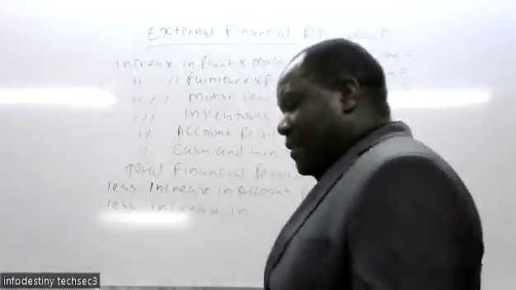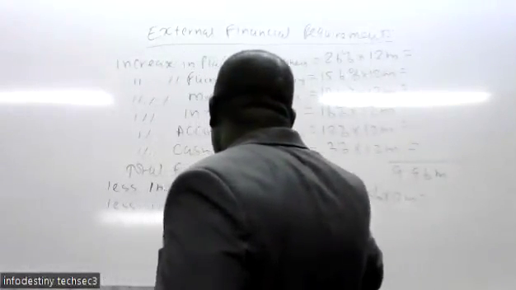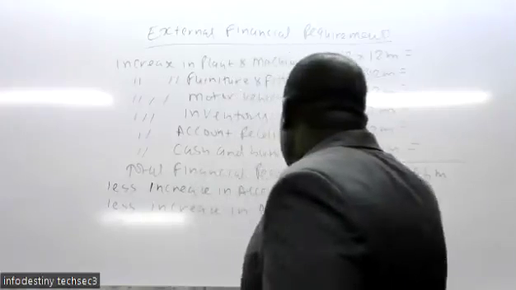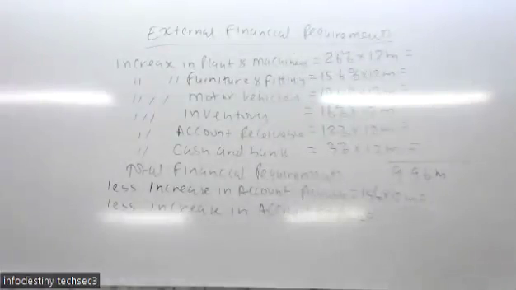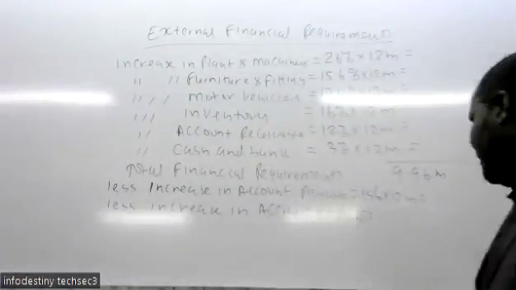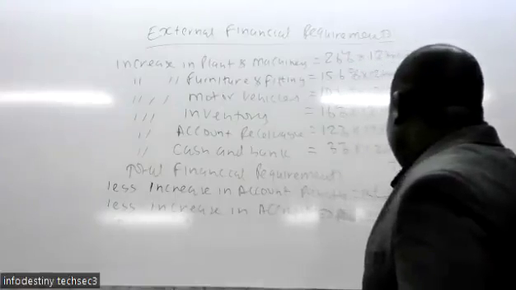Then also less the increase in accrued expenses. So accrued expenses, you got which percent? 10%. So it will be 10% of 12 million.